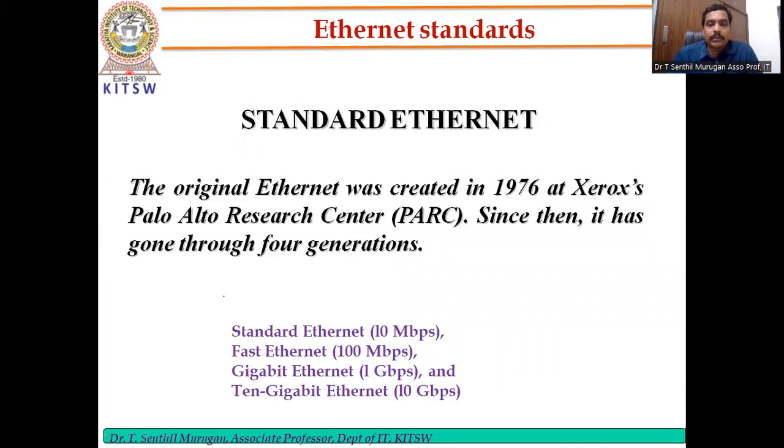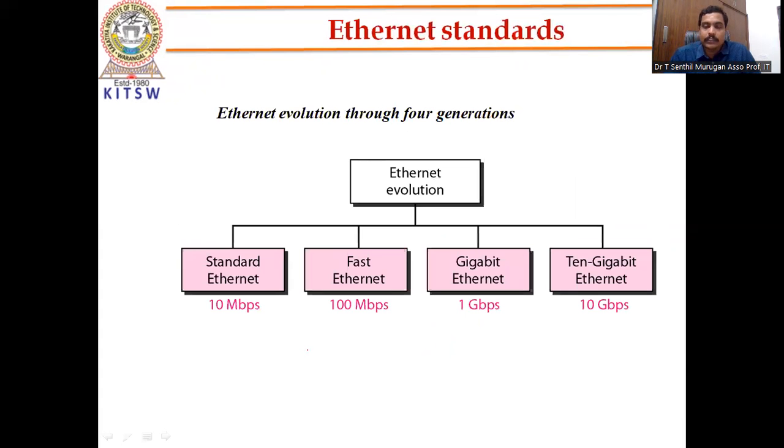So now we are going to discuss the different standards of Ethernet. The original Ethernet was created in the year 1976 at Xerox Palo Alto Research Center, PARC. There they created this Ethernet. According to the speed, it is classified as standard Ethernet, fast Ethernet, gigabit Ethernet, and 10 gigabit Ethernet.